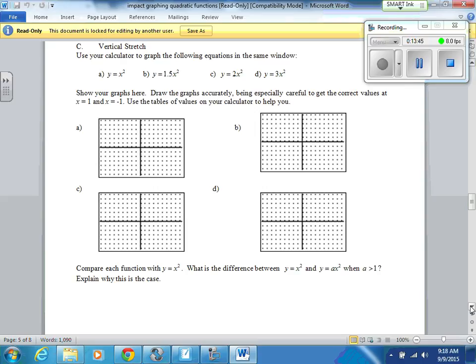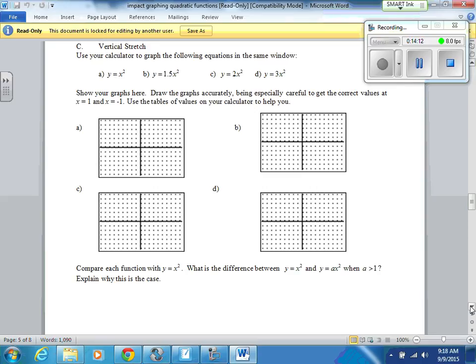You notice some of them open wider or more narrow than others. Okay? So on part C, graph all 4 of these on the same window in your calculator, but graph them on the different windows on your paper. There's one for A, one for B, one for C, and one for D.